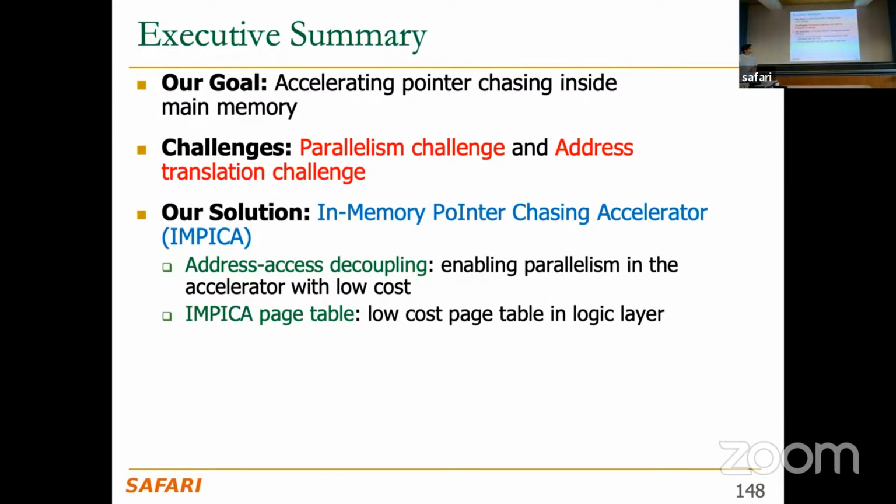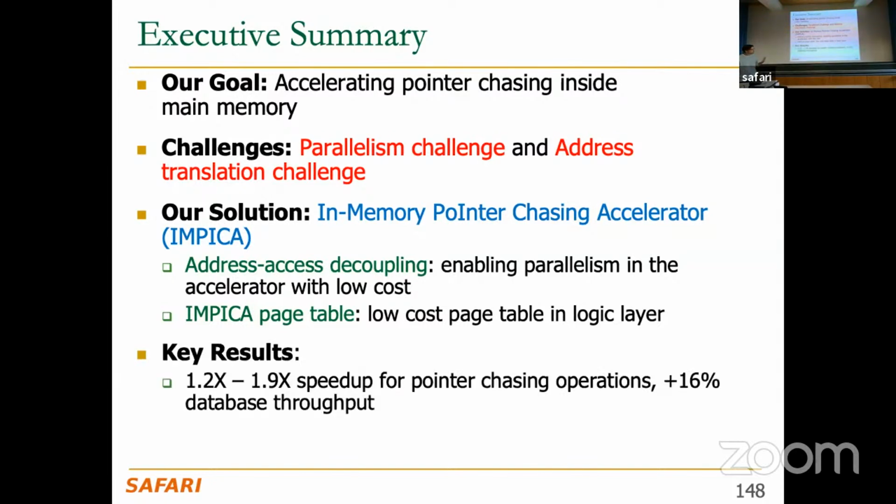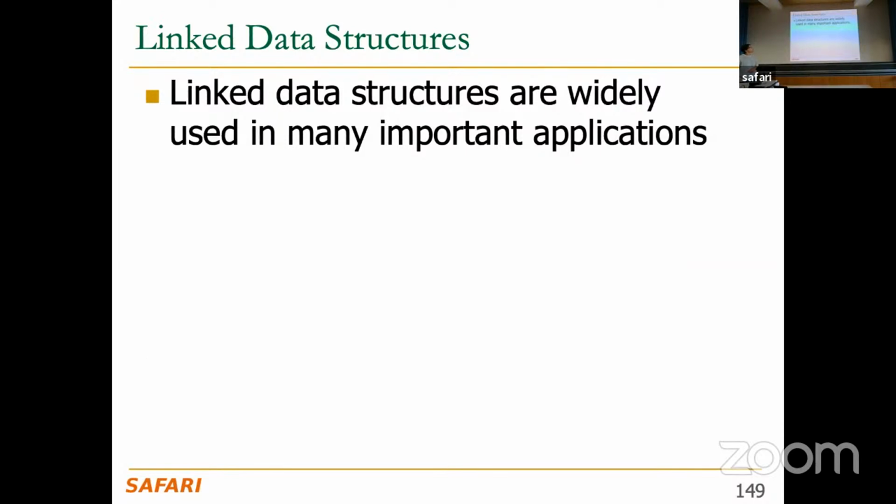And the other idea is to have the Impica page table, a low-cost page table in the logic layer. So in some sense, we are replicating the page table on the memory side, but in a low-cost way. Key results are between 1.2 and 1.9 times speedup for pointer chasing operations, 16% for the database throughput, and also a significant reduction in energy consumption.